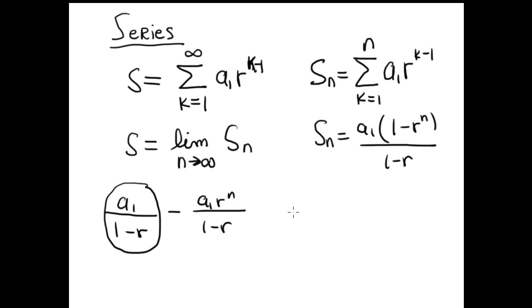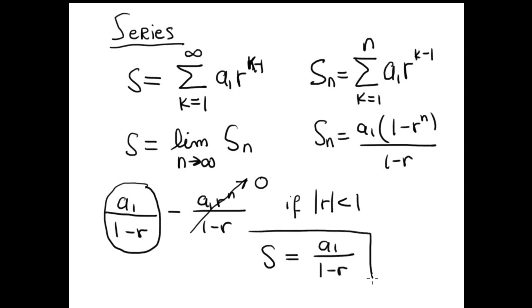But it changes depending on whether the absolute value of r is less than 1. So if this common ratio is less than 1, this part, when n approaches infinity, goes to 0. And S is equal to a1 over 1 minus r. When this situation happens, you can say that the series is convergent.